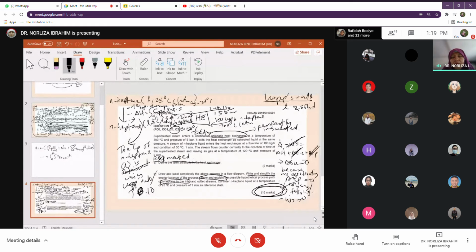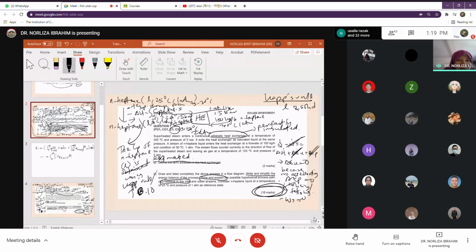Yes, 4, Zulfahmi. The first step, temperature; the second step, phase; the third step, temperature; the last step, pressure, right? Okay. So for this one, each step you need to explain too.